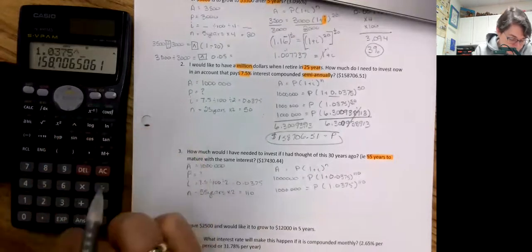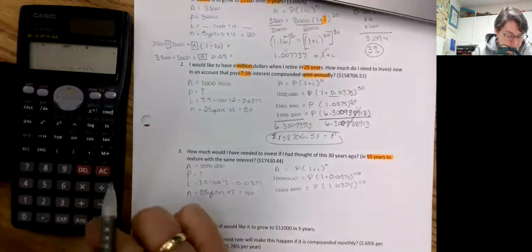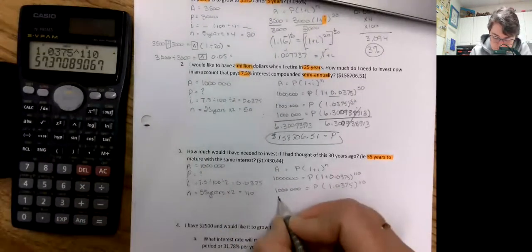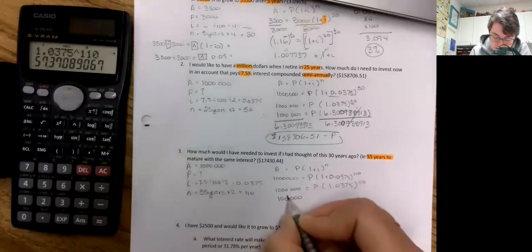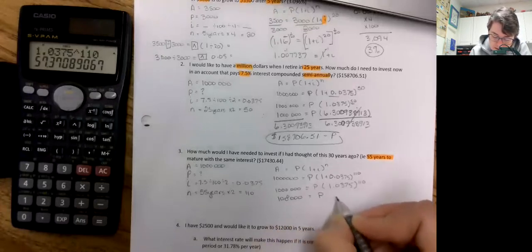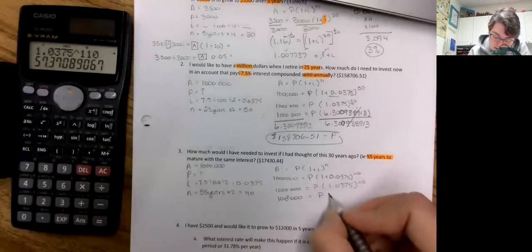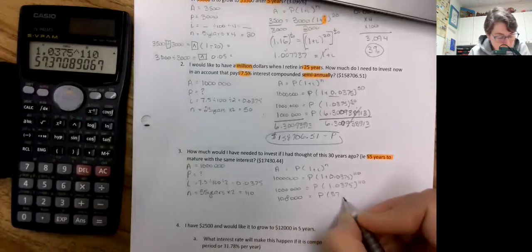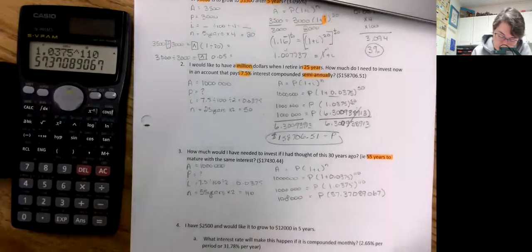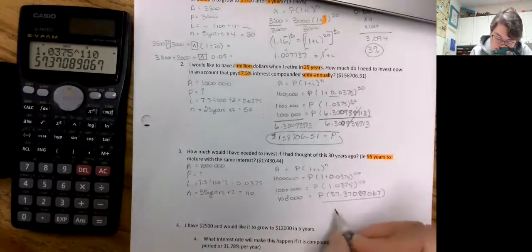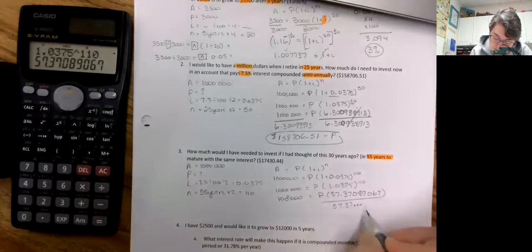1.0375 to 110. Oh, goodness, look at that. Oh, I lost a zero there. And it is 57.37089067. And we're going to divide that. I'm just going to be lazy and do that.